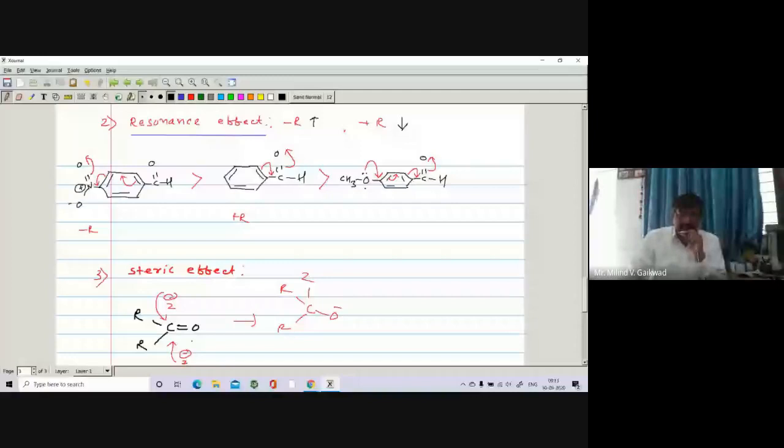So in this case, we see that the previous carbon is sp2 hybridized, and the internal bond angle is 120 degrees, right? And the intermediate is sp3 hybridized, and the internal bond angle is 109.5, right?